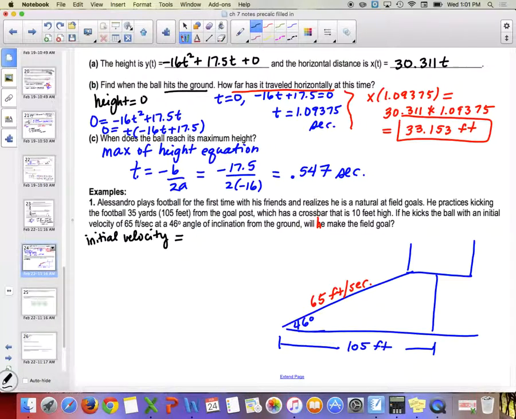It was 65 feet per second at an angle of 46 degrees, so it's going to be 65 cosine of 46 and then 65 sine of 46. It's just finding the x and y components of a vector.